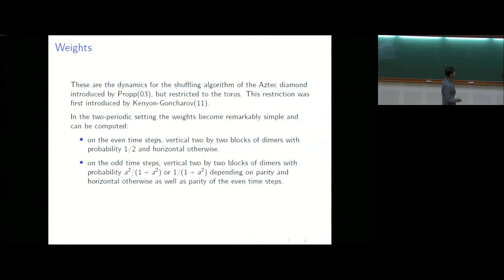At parity type 4k plus 1, we'll add a horizontal block or vertical block with probability a squared and 1 divided by 1 plus a squared. And at parity 4k plus 3, we'll add it with 1 over 1 plus a squared. Etc. So the dynamics are well defined, with period.